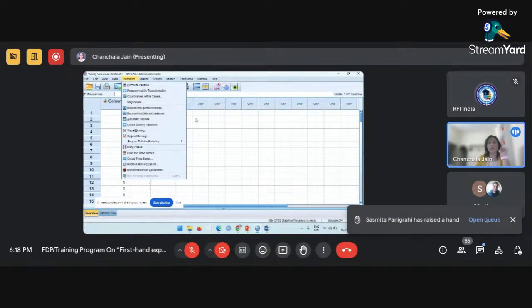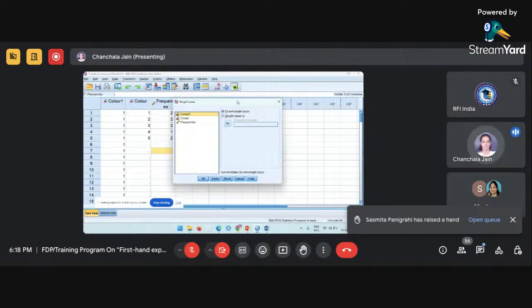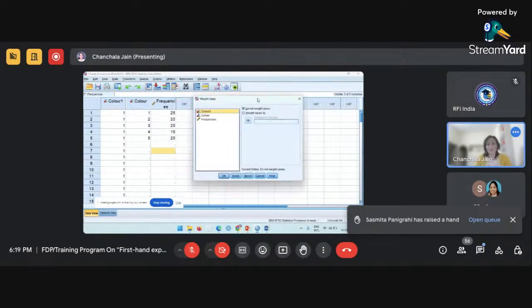For that, you need to go to the Data menu. Click on the Data tab and go to the last option, Weight Cases. Once you click on this, you can see the Weight Cases dialog box.